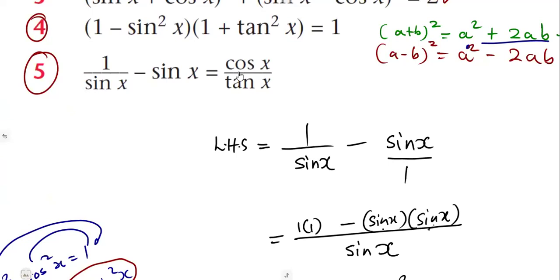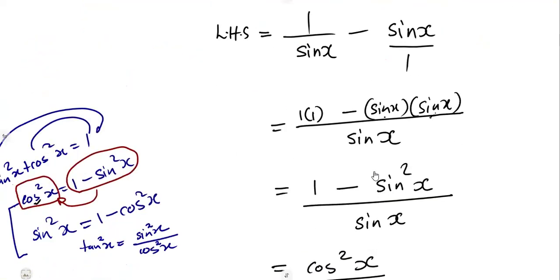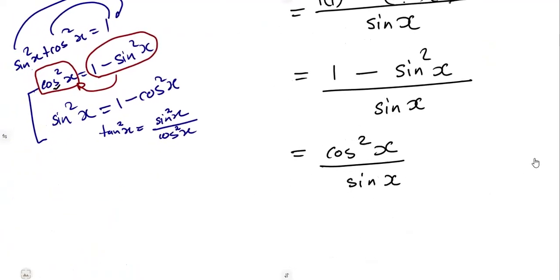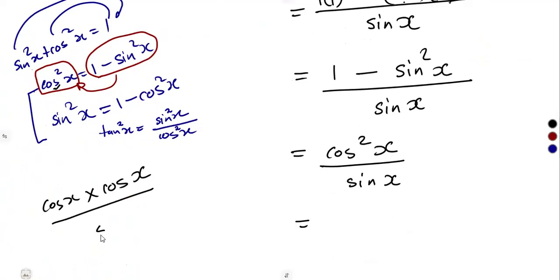But remember our answer there. Cos over tan as a single fraction. But as we have a cos, we have a sine. All right, let us figure out, guys. Remember, cos squared means there are 2 of them. So it is just like cos x times cos of x over the sine of x. This is what it means.